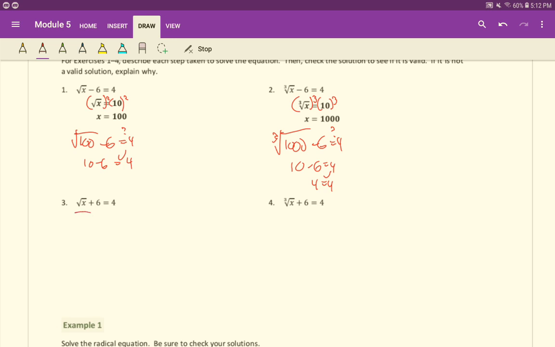All right. So again, there's our radical. We want to get that by itself, so we'll do that by subtracting 6 on both sides. Okay, so we're left with the square root of x equals negative 2. Now what do we do from here? Well, to get rid of a square root, we square both sides. So we get x equals 4.